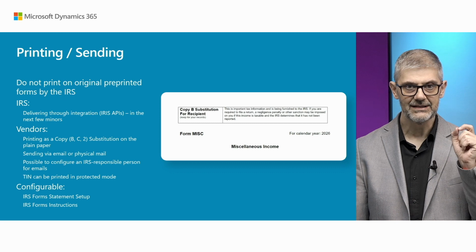And we have the TIN number, and this is really important because you should secure this TIN number, especially when we are sending via mail, even physical mail, but especially email. Now, what we can do is make a setup. By default, you can print the original TIN, your company TIN and your vendor TIN.